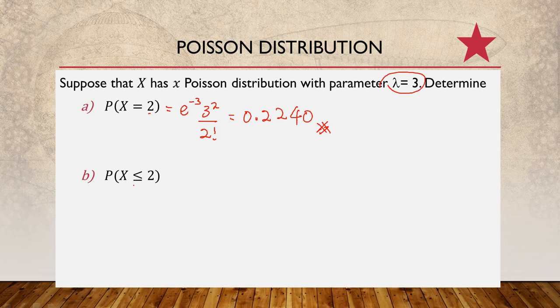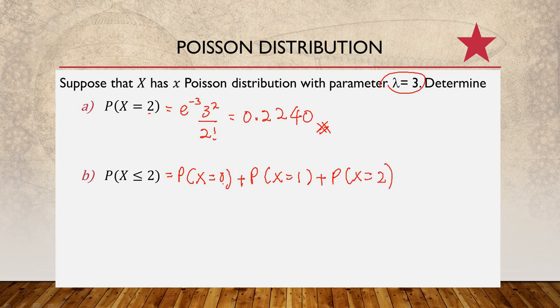By using the formula, it is easy if you have only one probability that you want to find. If you have more, you have to calculate more. So x less than or equal to 2 means x = 0, 1, and 2.